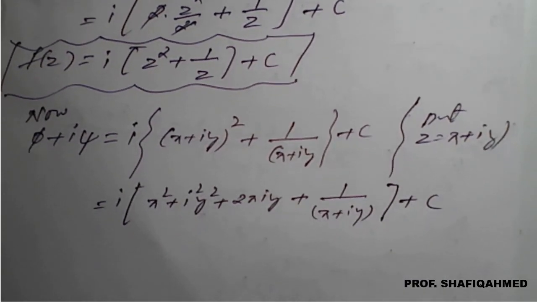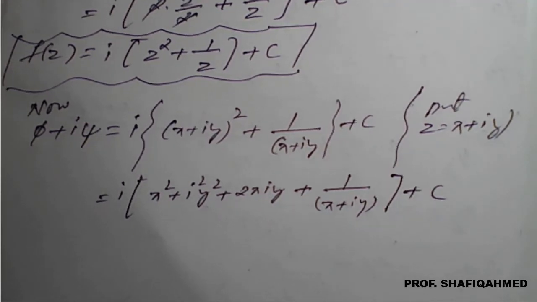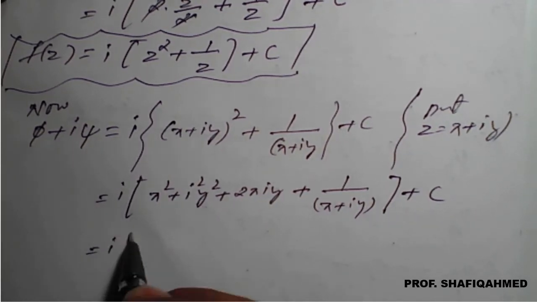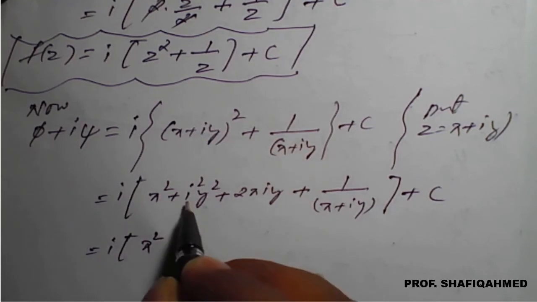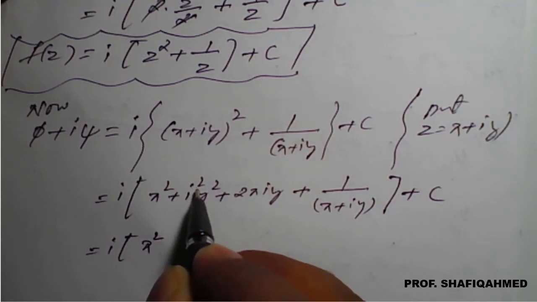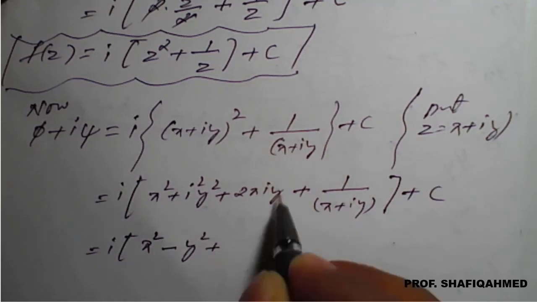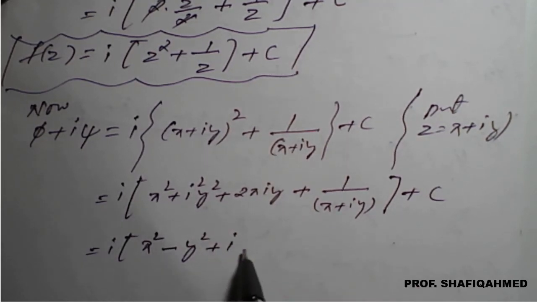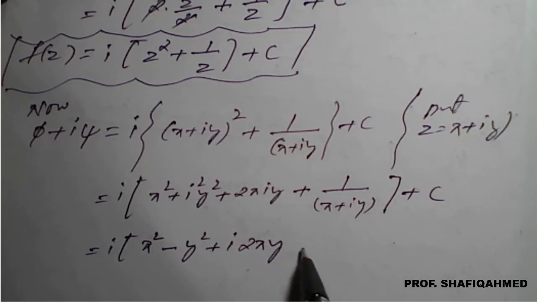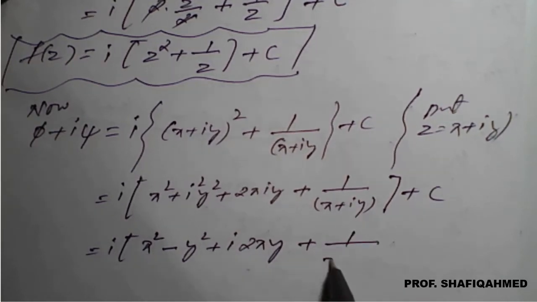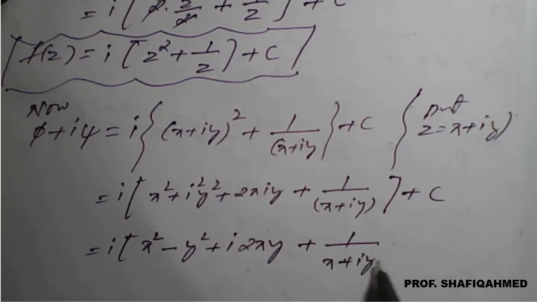Now again on simplification, i times x square, this i square is nothing but minus 1, that minus and this plus will become minus y square, plus this i I will write before, i times 2xy plus 1 upon x plus iy.